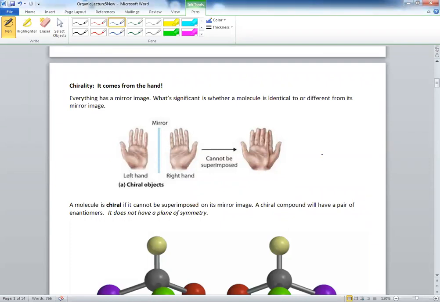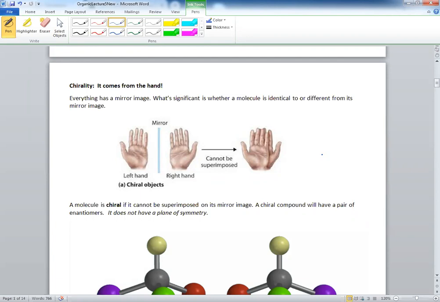Let me see if I can superimpose them. You can do whatever you want with your hands, but it has to be thumb over thumb, palm over palm, and they have to superimpose. You can't just take your hand and say, okay, like a clapping. No, that's not superimposing, because your palms now are facing different directions. So you can do whatever you want. They're not going to superimpose.